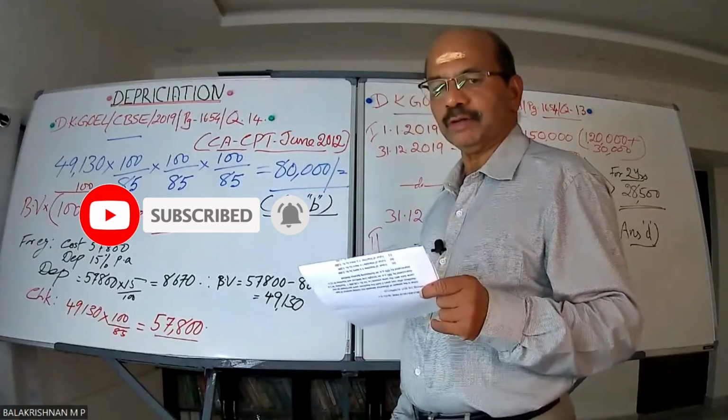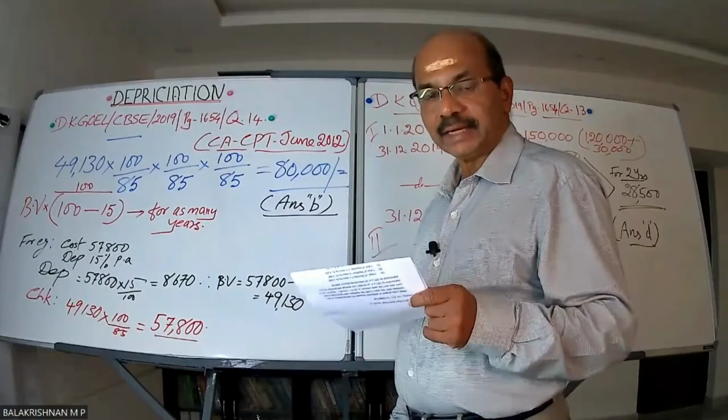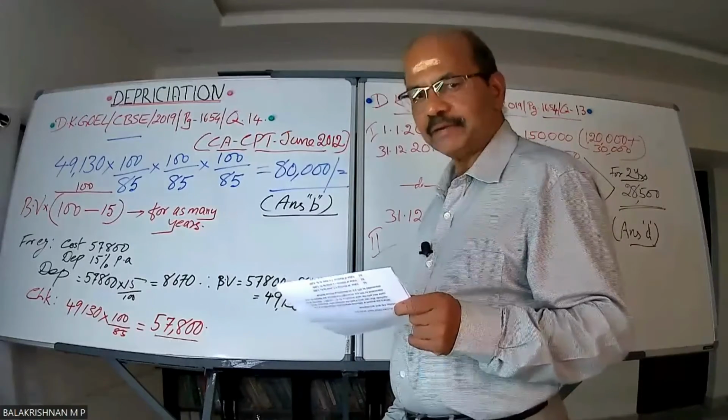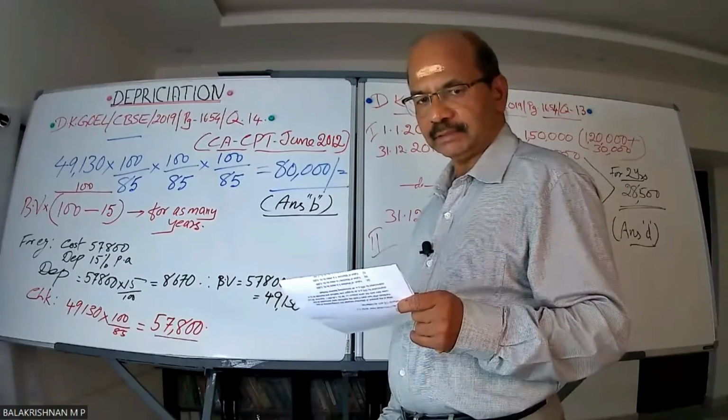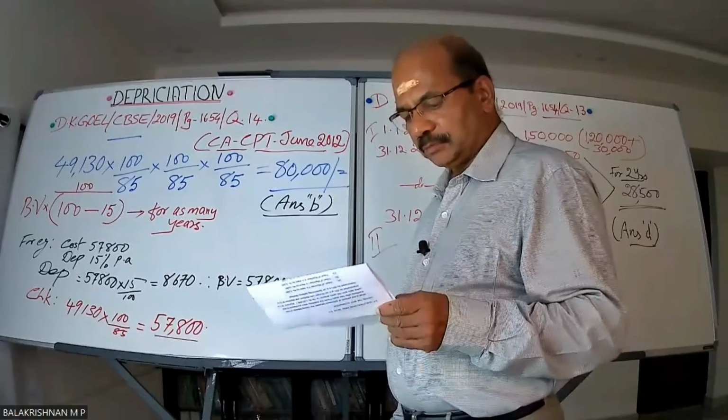What was its original value? Well, this kind of sums will immensely help you in tackling a full-fledged depreciation sum later on. Okay, it will be a side work of a full-fledged sum, right? How to deal with this kind of a small sum, right?